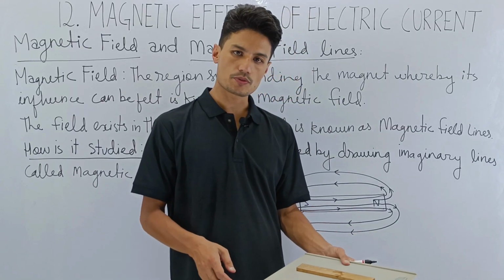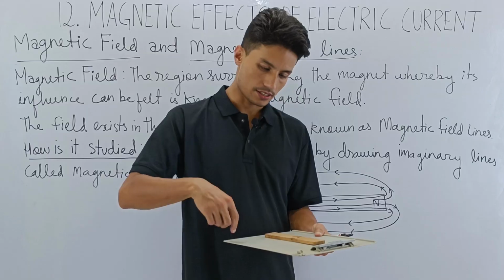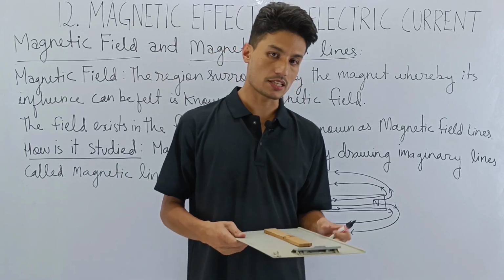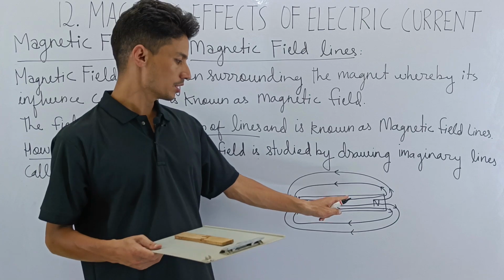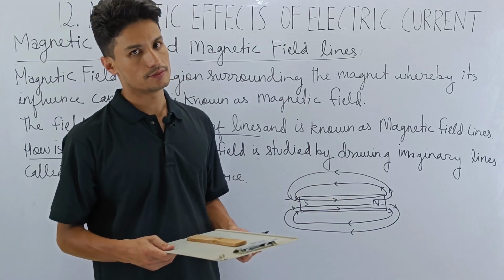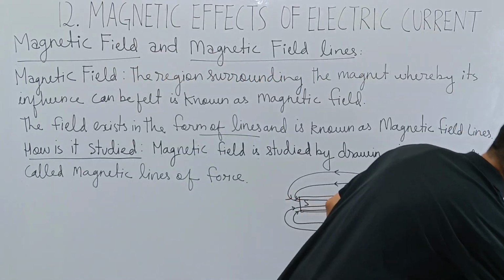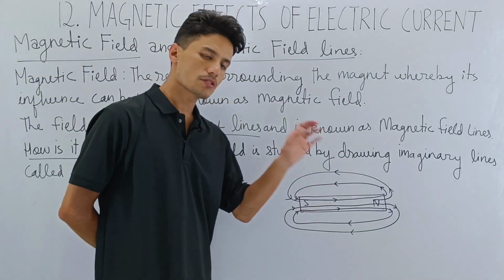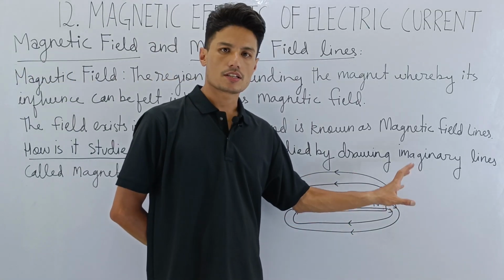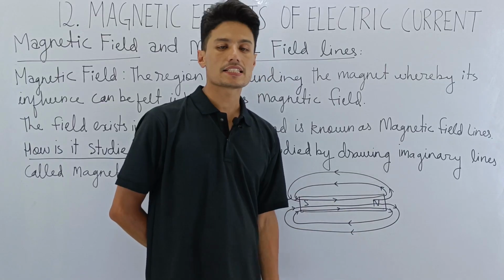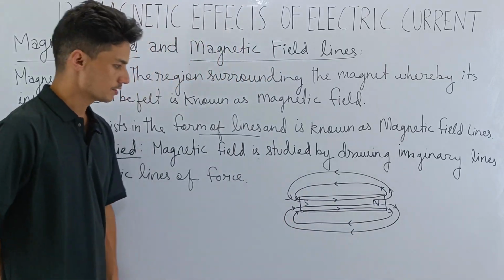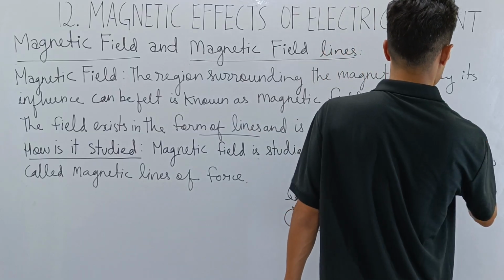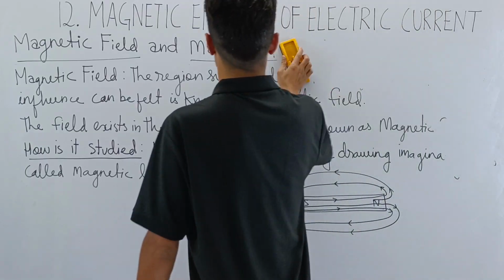On close observation they found that it displayed a pattern of lines. That is how we concluded that magnetic field lines exist in the form of lines, not in any other shape. So now we will study the properties of magnetic field lines.